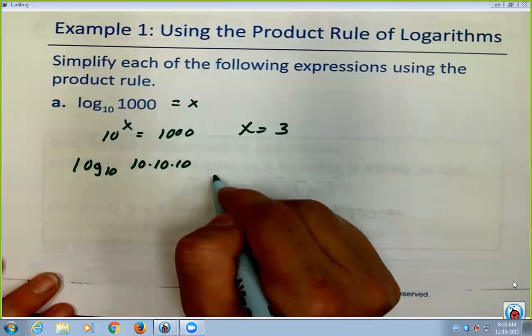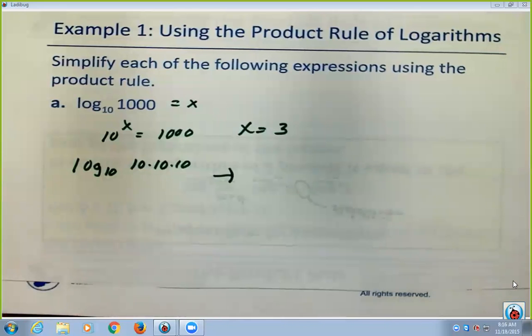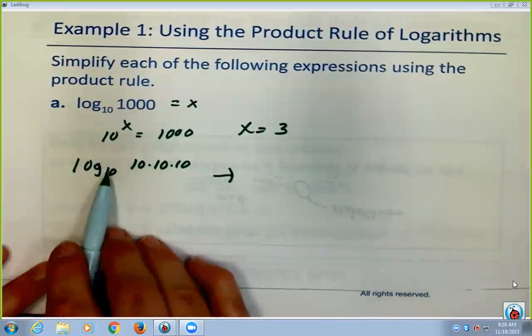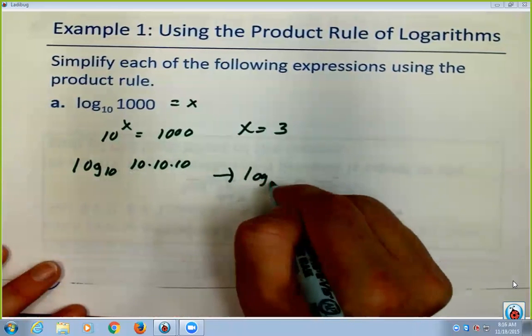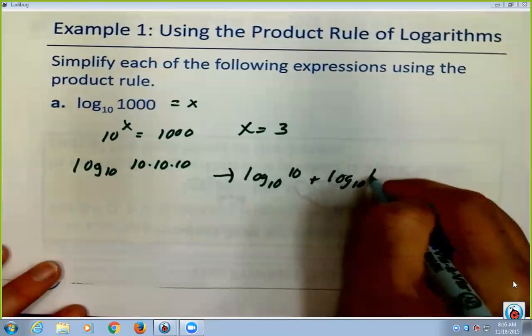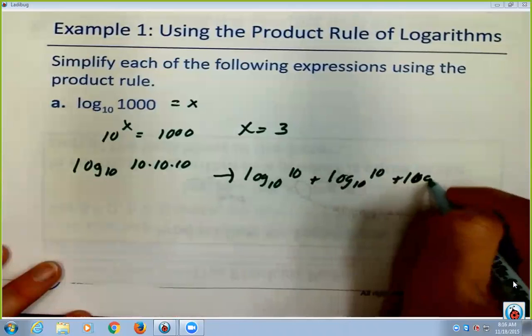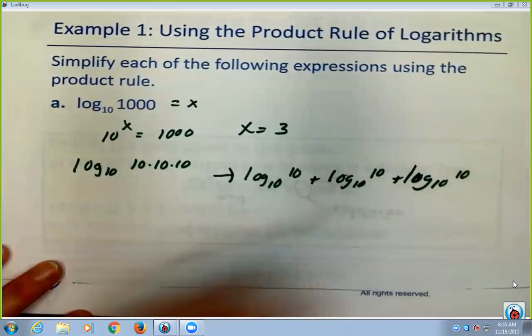Then if we expanded it out, we would have log base 10 of 10 plus log base 10 of 10 plus log base 10 of 10.